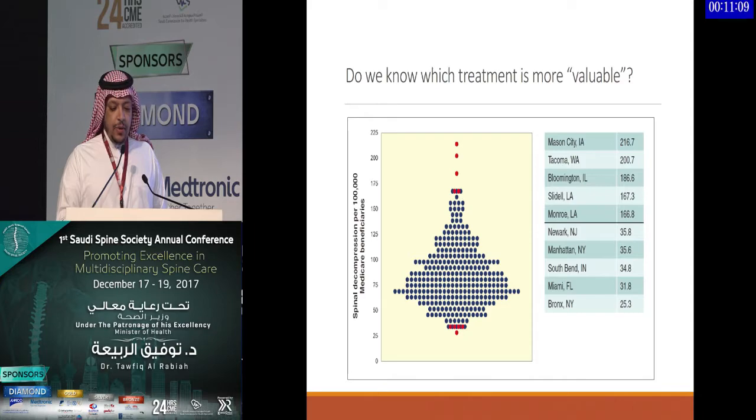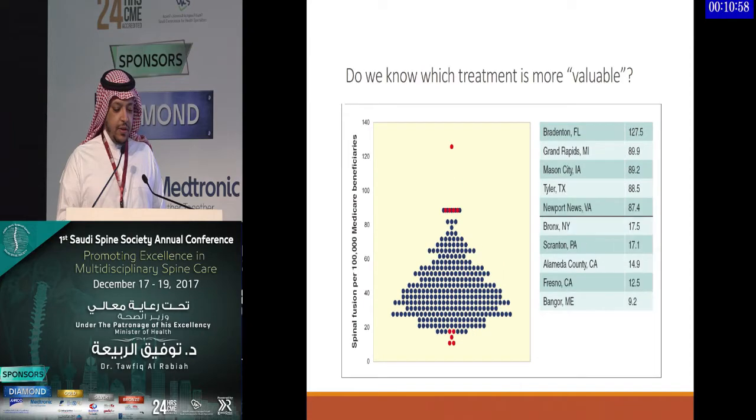You see that between different hospital referral regions in the US, you have up to 10 times difference in the rate of performance of spinal decompression, and almost the same level of variation in the use of spinal fusion. So there's significant clinical variation in the use of treatment approaches to particular spine diseases. And it's not specific to spine, it's across the board.